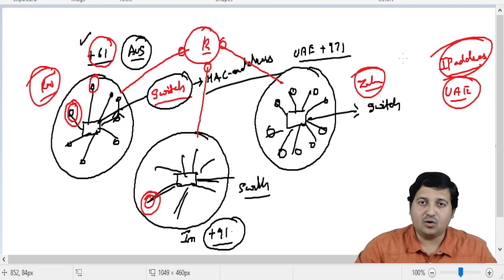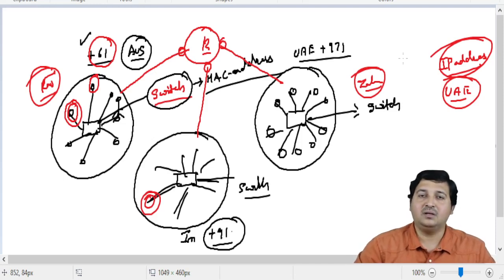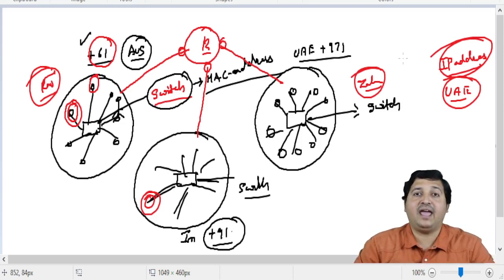See, a hub is also similar to your switch. Both work within the network. Both are used to connect within the network, but the difference is a hub is just a pass-through device. It is just a physical device. It is not an intelligent device. It doesn't remember anything. Whatever I am getting, I am going to forward to everyone.